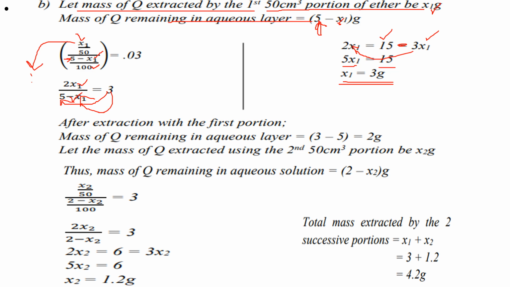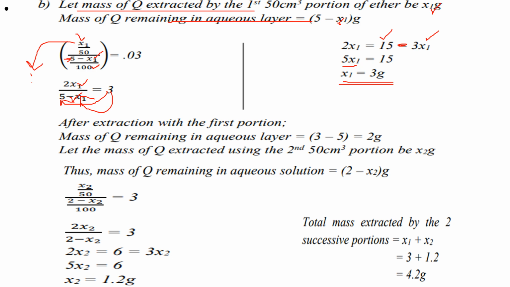Now pay attention that this is the mass that can be extracted using the first 50 centimeters cubed portion of ether. So don't forget that. Now we have extracted, remember you have to follow up, 3 grams.